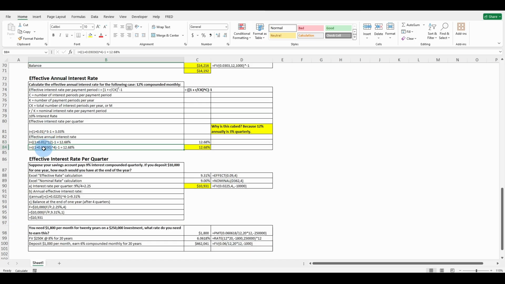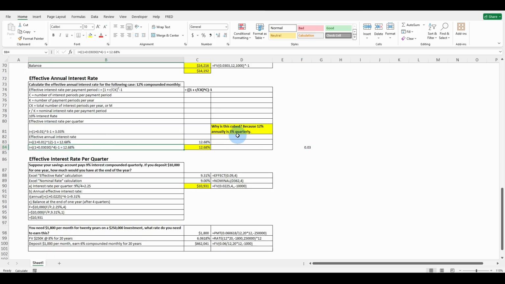But then if you look, we're going to look here and we have 1 plus 0.0303 as opposed to 0.01. Why? What's 4 divided by 0.12? Why is this 0.0303? What is 12 divided by 4? It's going to be 0.0303. Why? Well, we're asking for quarterly. So you have to go quarterly.